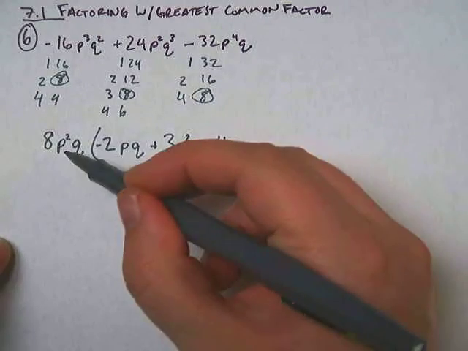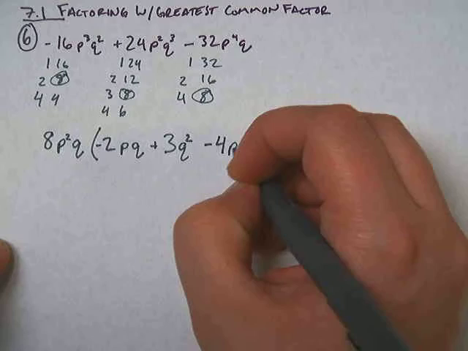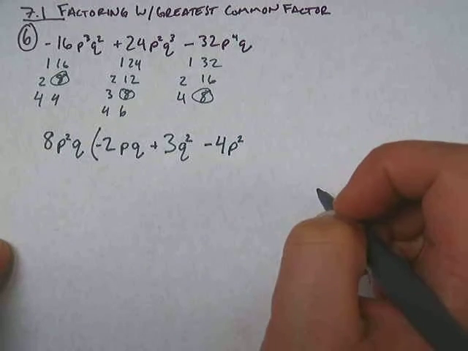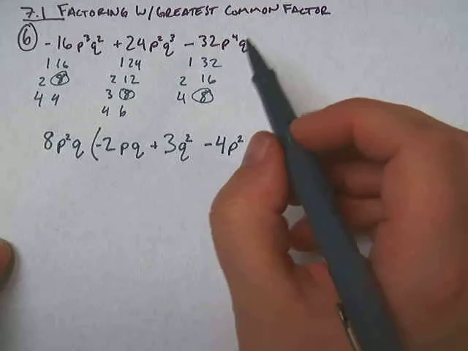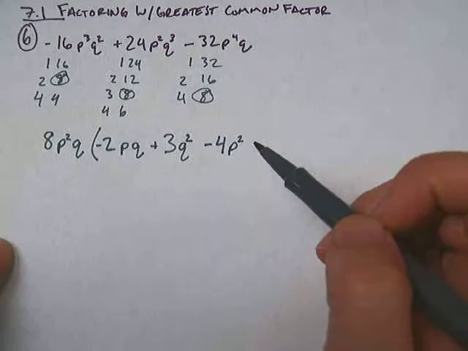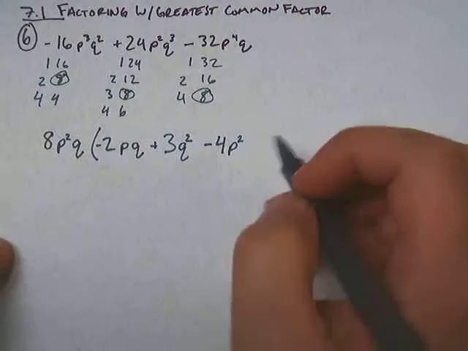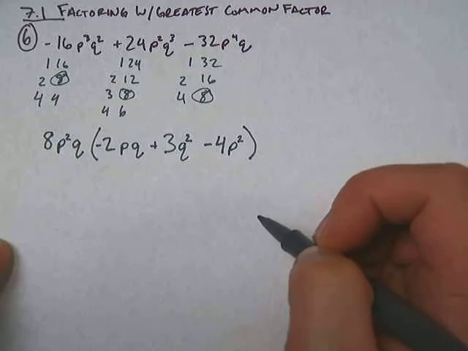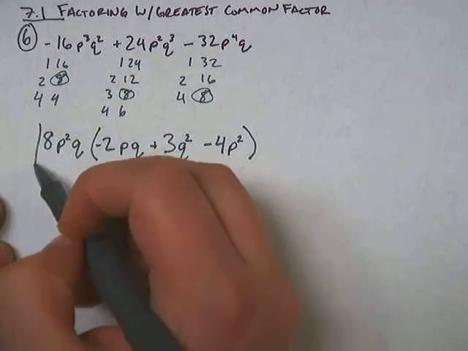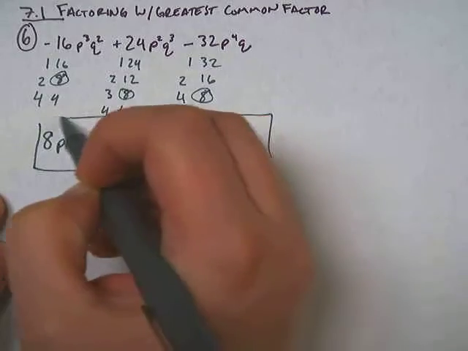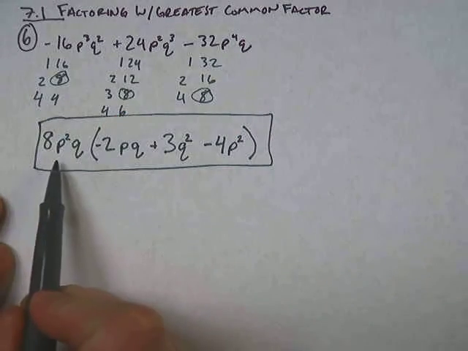P to the 4th divided by p squared is p squared, since we just subtract the powers. And q divided by q cancels out. It's just 1. And there we go. So this is our expression factored using our greatest common factor of 8p squared q.